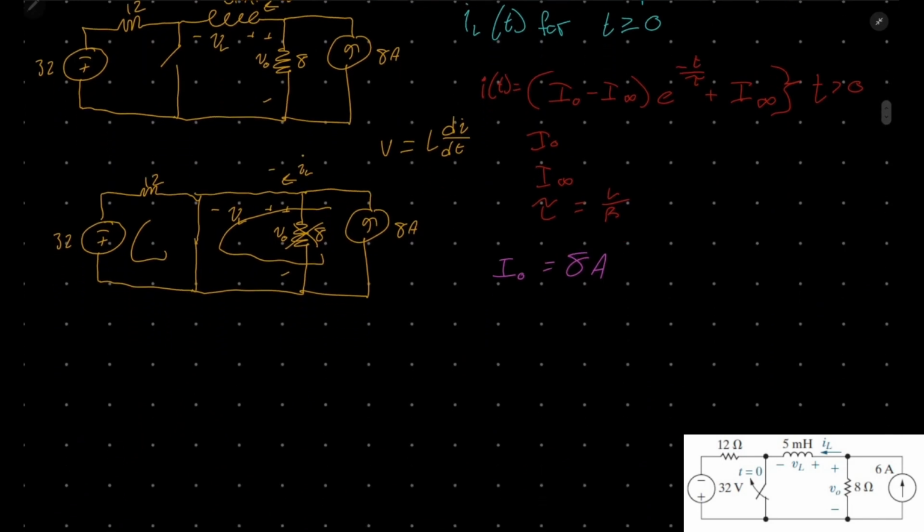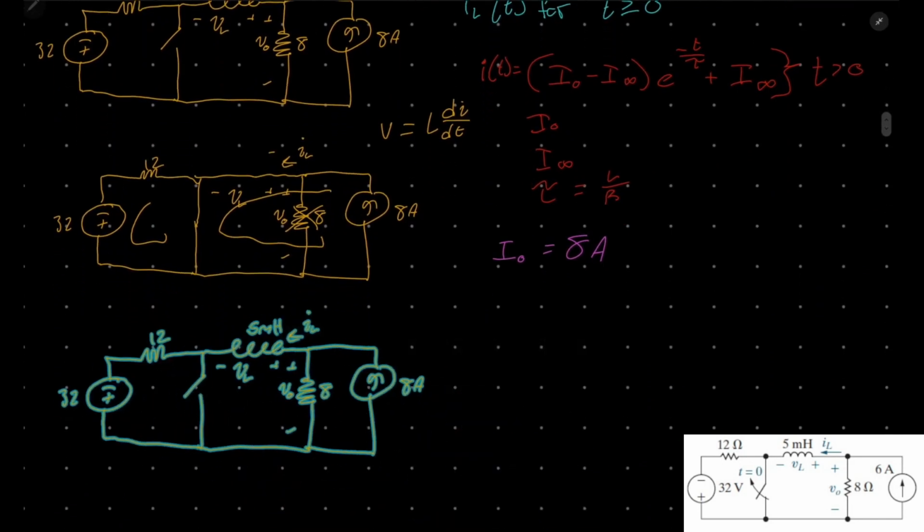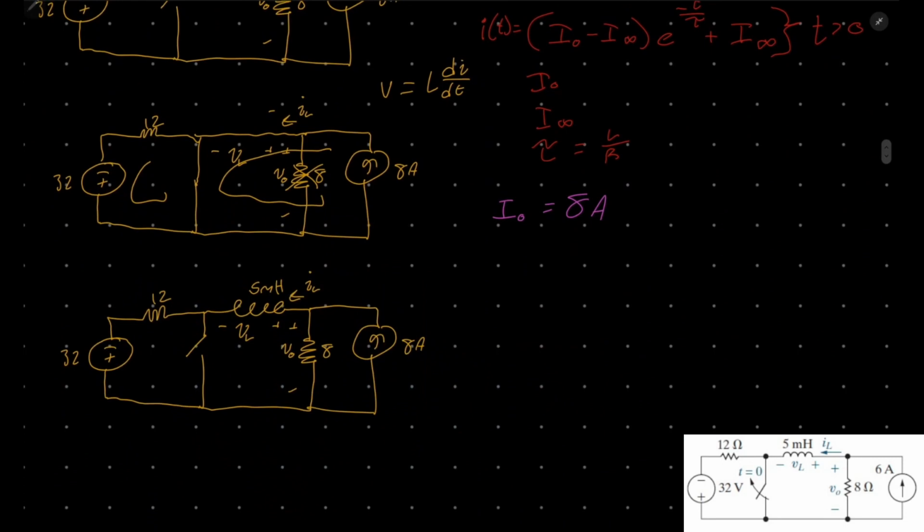Now we have to find I at infinity. So if we paste our circuit again, now we will put the switch in the open position, because I at infinity is just t greater than 0. Now we will find the current along this inductor at I at infinity.